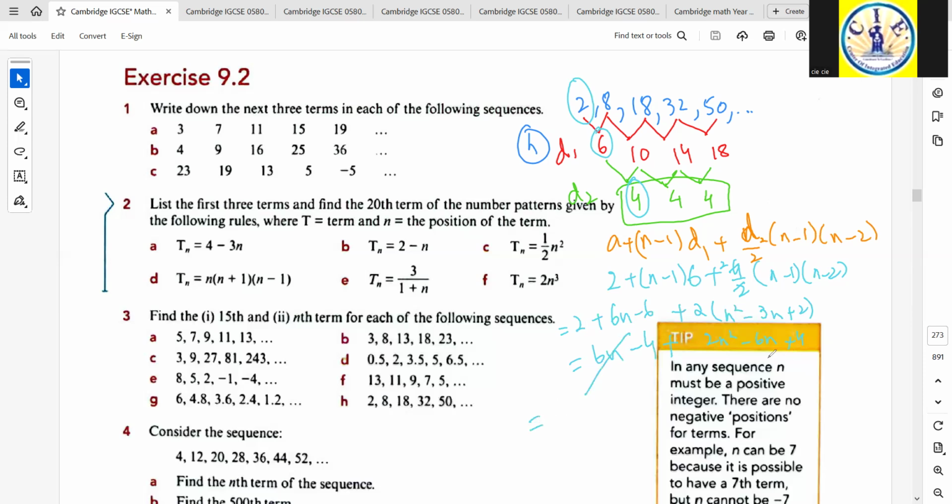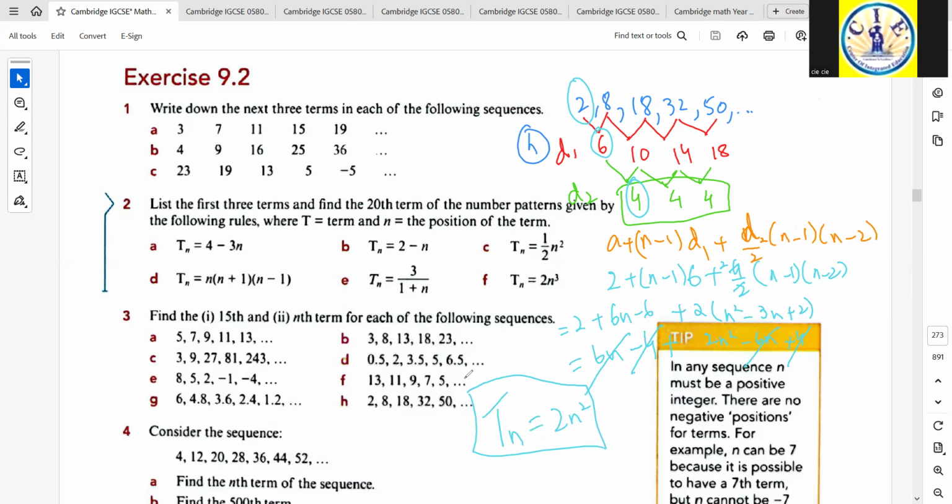Here we can cancel this 6n with the negative 6n, so we are left with 2n square, and then negative 4 gets cancelled out with plus 4. So the nth term in this case is just 2n square. So this is how you calculate the nth term of a quadratic sequence, the general term of a quadratic arithmetic sequence.